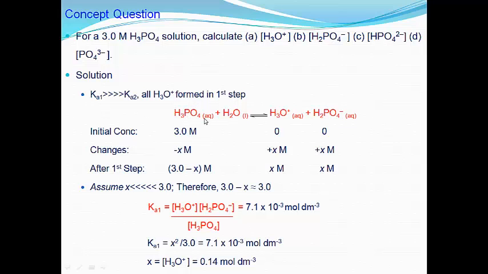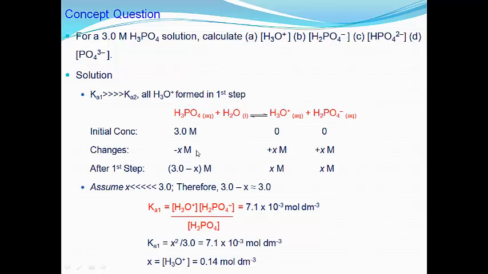So in the first step here, we have H3PO4 plus H2O giving us these ions. And so the initial concentration is 3 molar for H3PO4. Of course, for water it's constant, and before the start of the reaction, there is no H3O+ formed and no H2PO4-.